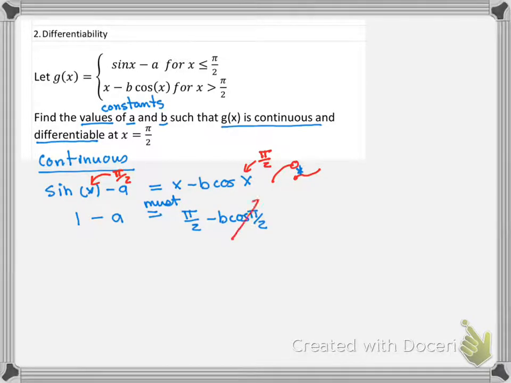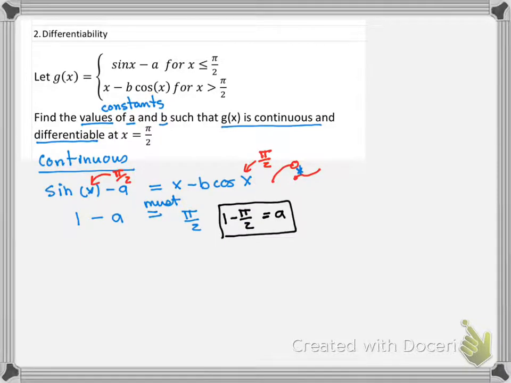But cosine of pi over 2 is 0, so this whole term can be erased. Adding a and subtracting pi over 2 from both sides gives us a equals 1 minus pi over 2.